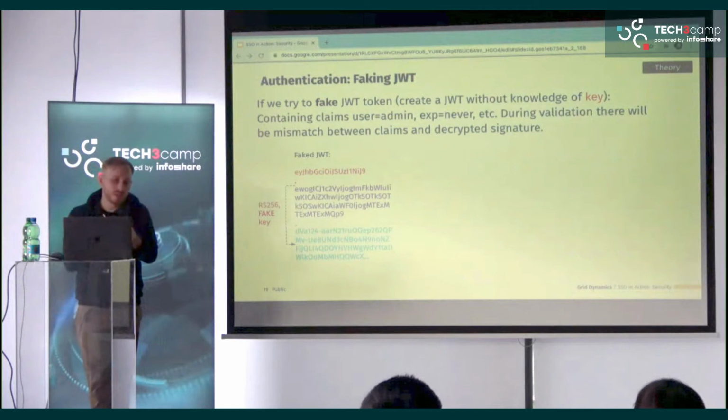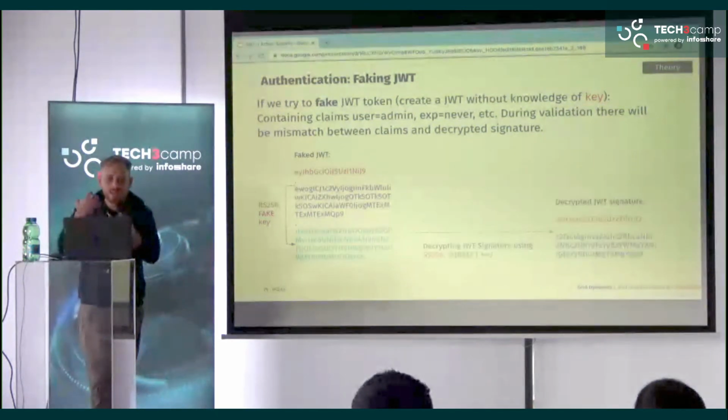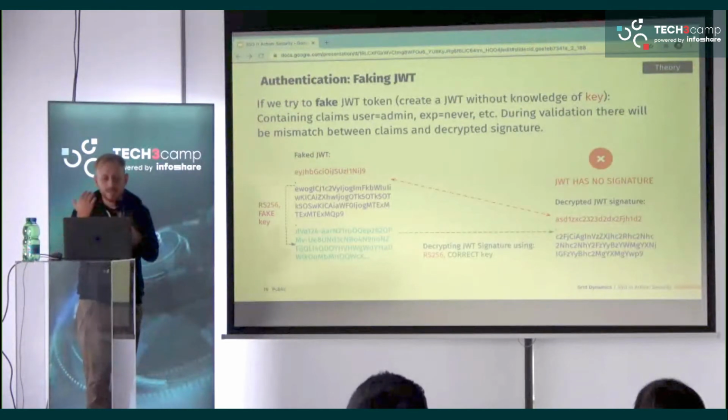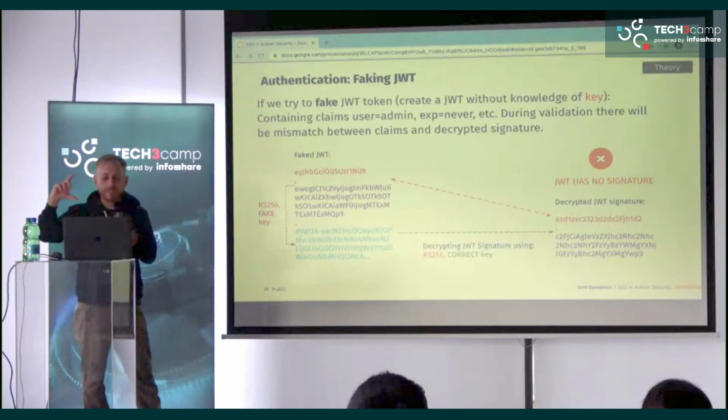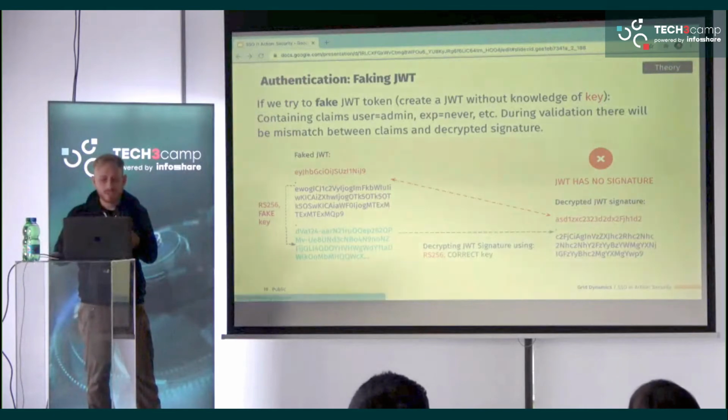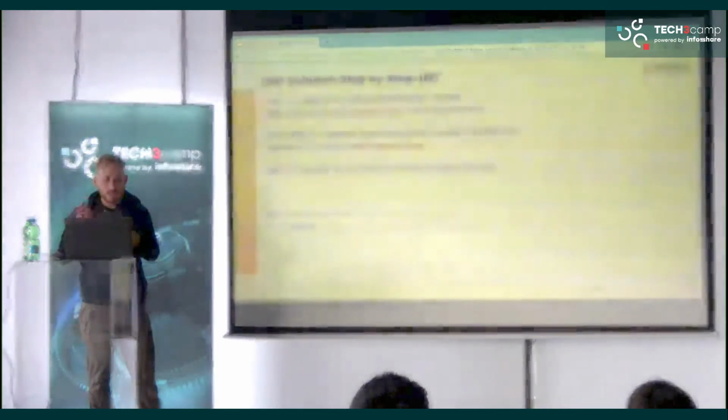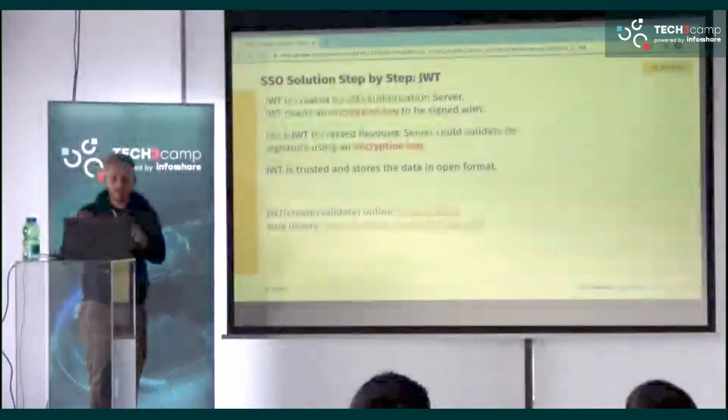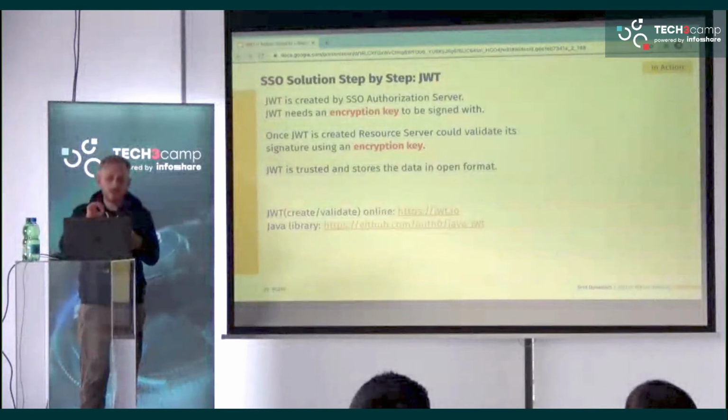So we will use some fake key. And when decrypting with the correct key, we will get different blocks, and the JWT will have no valid signature in this situation. So basically, this is what we are relying on.